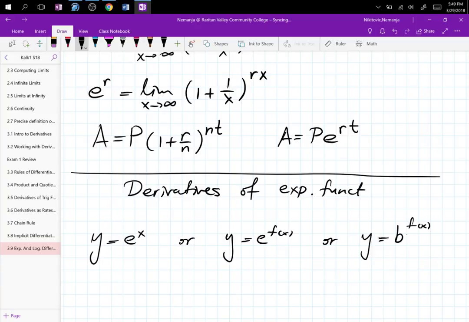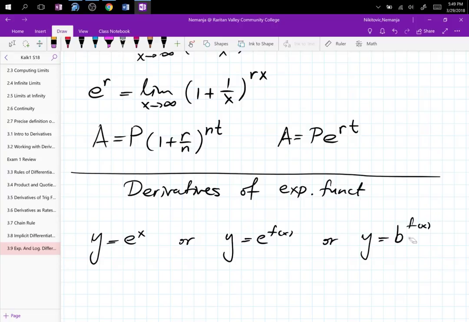So this third case could be y equals 3 to the sine x. You can have that. And it will be fine to take the derivative because we are going to learn the formula for this. And it's going to be very simple.